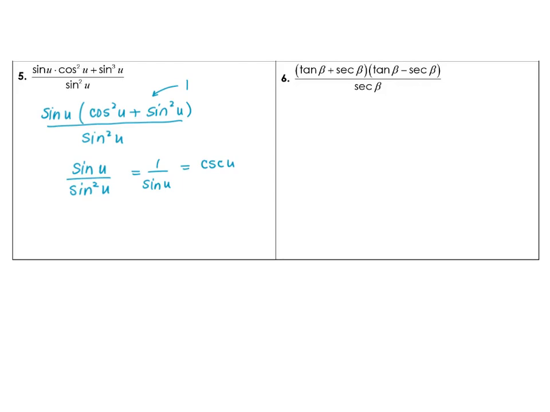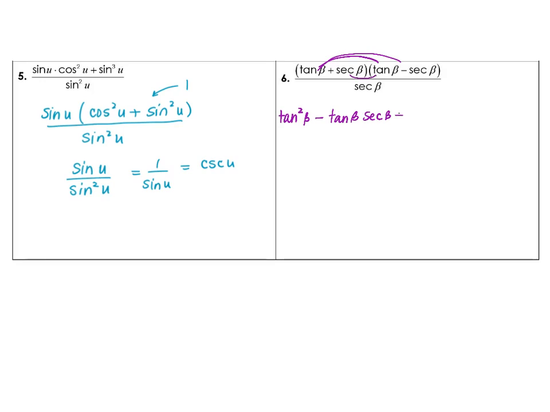Okay, for our next problem, it looks like we're going to have to do some foiling here just because of all the different terms and parentheses. So if we start multiplying this out, that's going to give us tangent squared beta. And then out here is going to be minus tangent beta, secant beta.